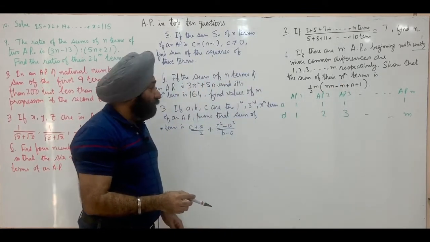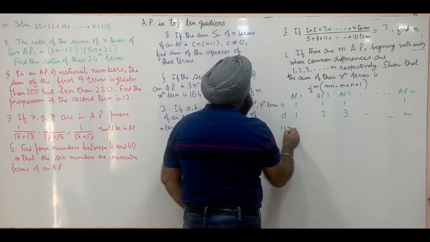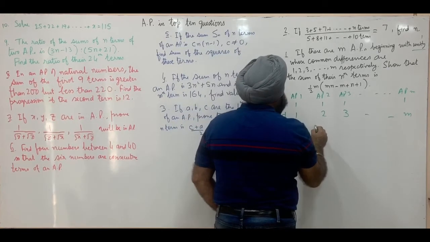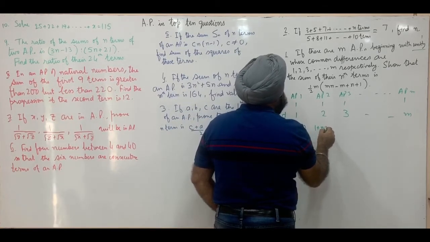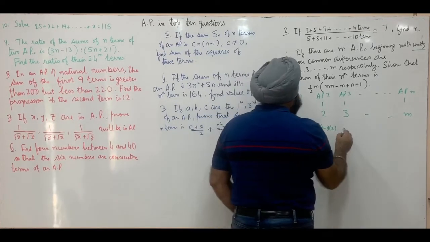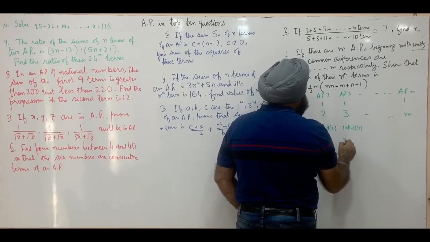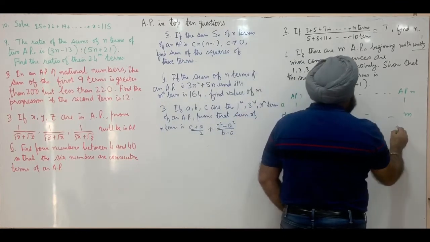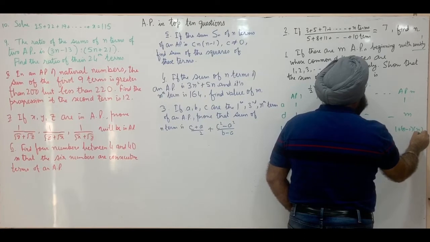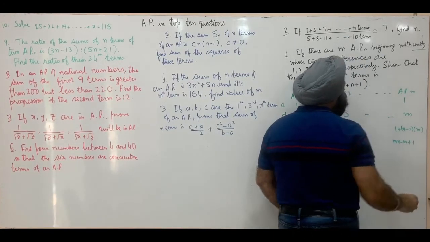So we will find out nth term of each. Nth term of this is a plus n minus 1 into d, that's n. This is a plus n minus 1 into common difference of 2, that's 2n minus 1. This one is a plus n minus 1 into common difference of 3, that's 3n minus 2. And this one is a plus n minus 1 into common difference of m, that's mn minus m plus 1.